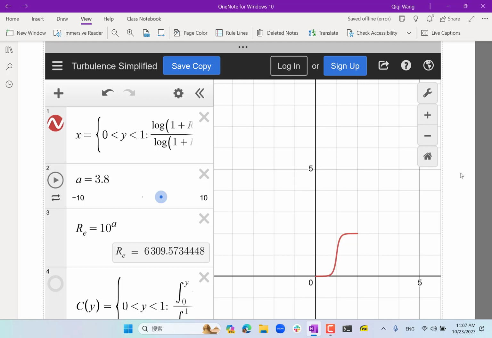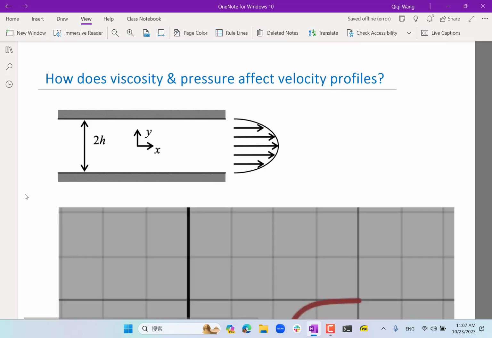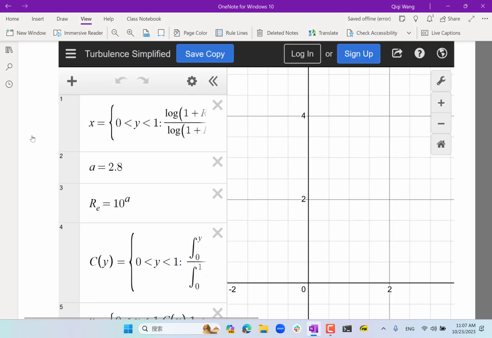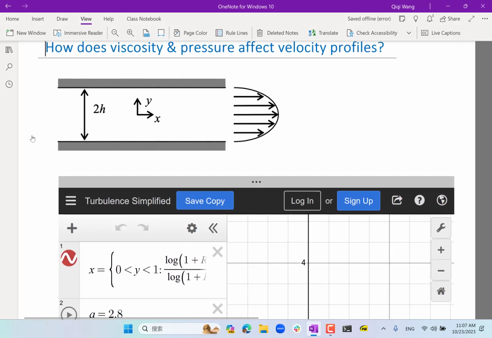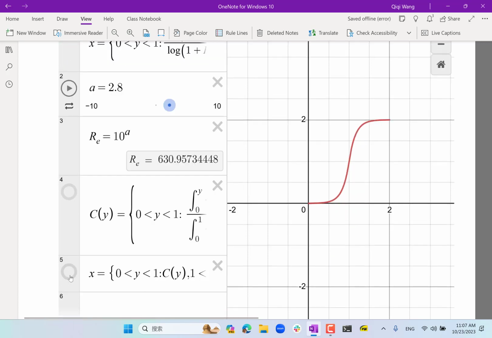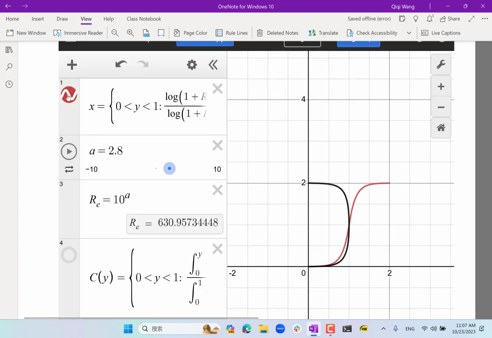Closer to the wall, there is less turbulence, and as a result, there is more velocity gradient. And similarly, we looked at this flow between also two walls, but both walls are stationary, and the flow is driven by a pressure gradient. And we also used the Desmos demo to look at what is going to be the velocity profile in that case.